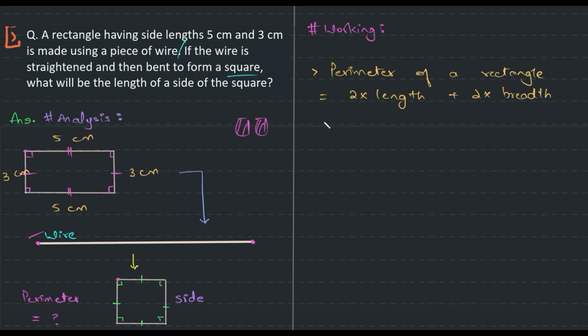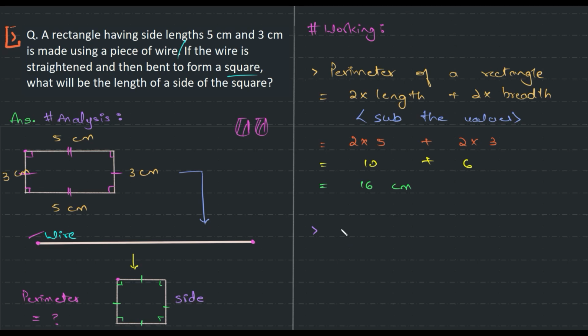So we are going to substitute the values. On substituting, we'll get 2 times 5 plus 2 times 3. So 2 times 5 is 10, 2 times 3 is 6, and this is 16 centimeters.